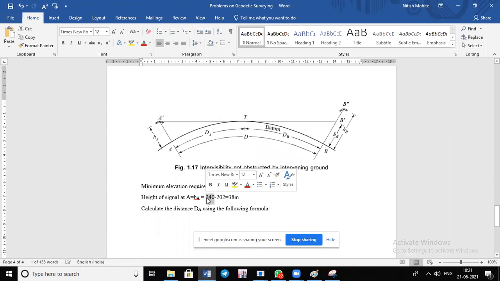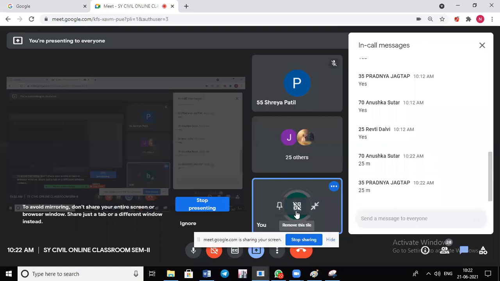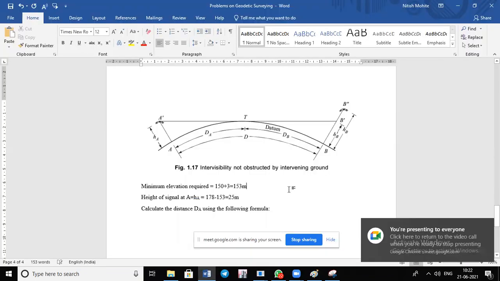So 178 minus 153 comes out to be 25 meter. Yes, it is 25 meter. Further, we'll calculate this distance dA.